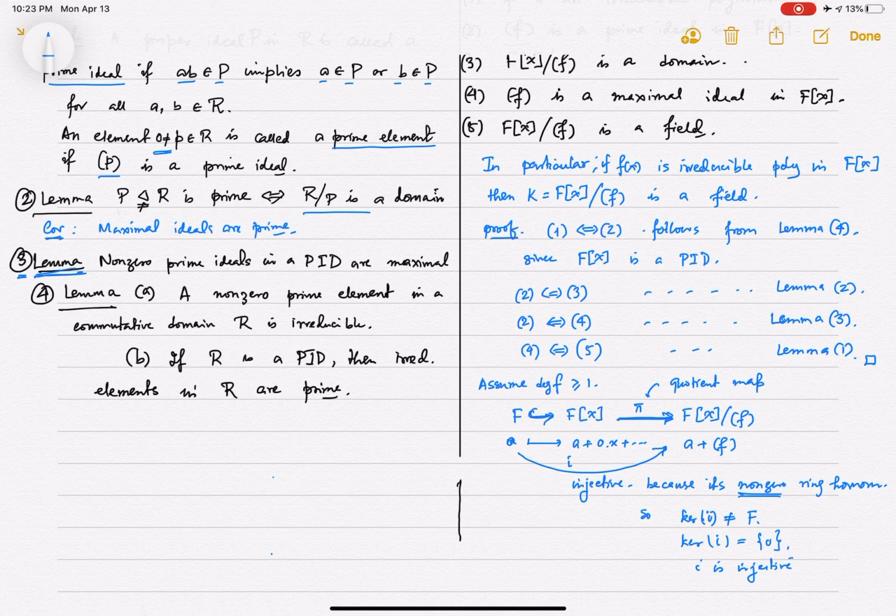Why is this map non-zero? Because a constant goes to the coset of the constant. So in particular, 1 goes to the coset of 1. But 1 is not a multiple of f because f has degree at least 1. So this is not equal to the 0 element of this ring.